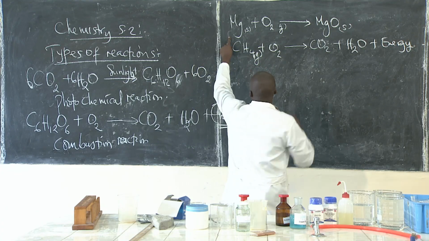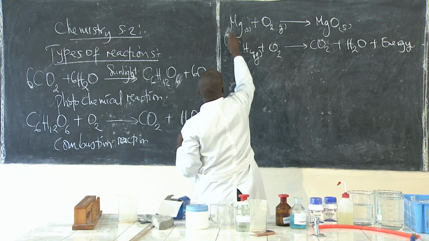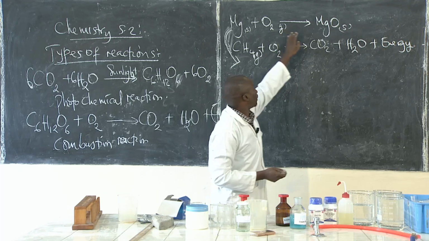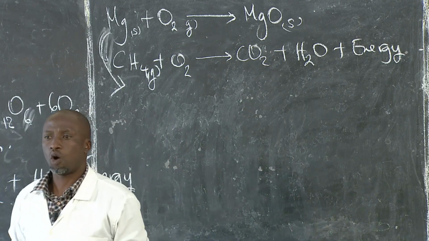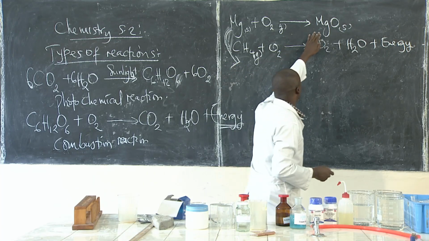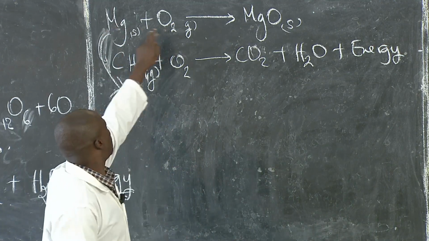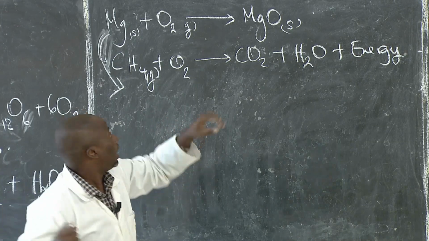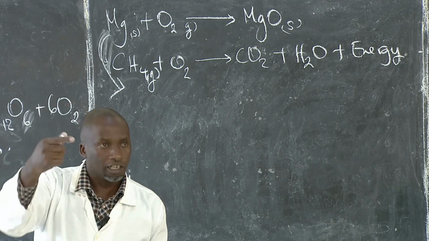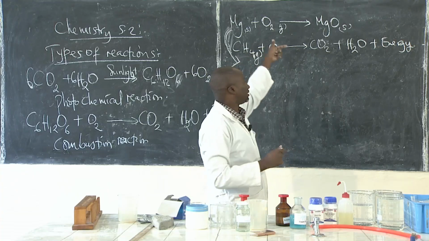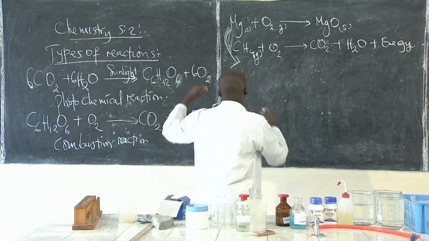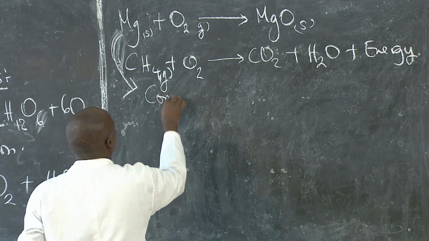Taking an example of this one, if you look at this reaction, you have magnesium combining with oxygen to give magnesium oxide. When you look at that product, it is made up of these two elements combining together, and they are producing one product. So the type of reaction that is similar to this one, we can also call combination.